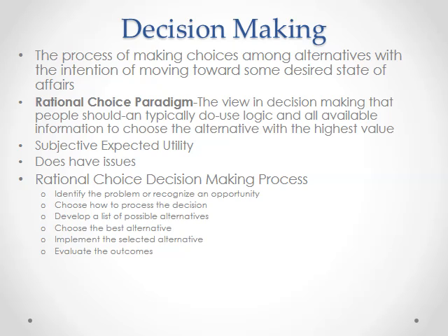The six steps in the rational choice decision-making process are: identify the problem or recognize an opportunity, choose how to process the decision, develop a list of possible alternatives, choose the best alternative, implement the selected alternative, and evaluate the outcomes.